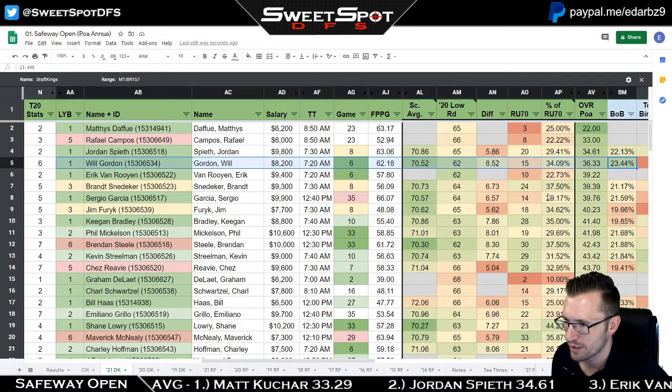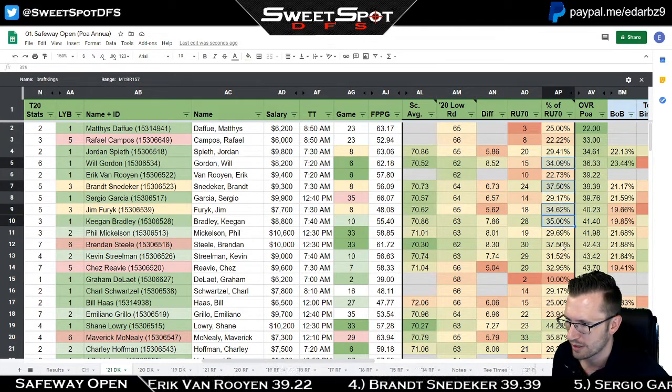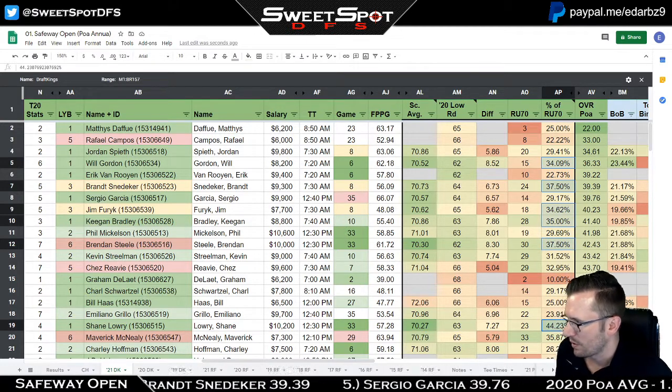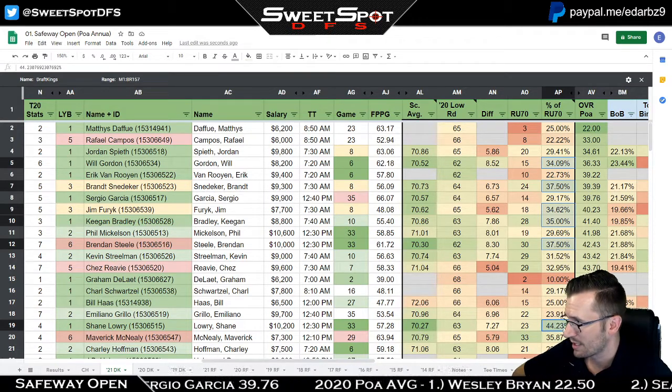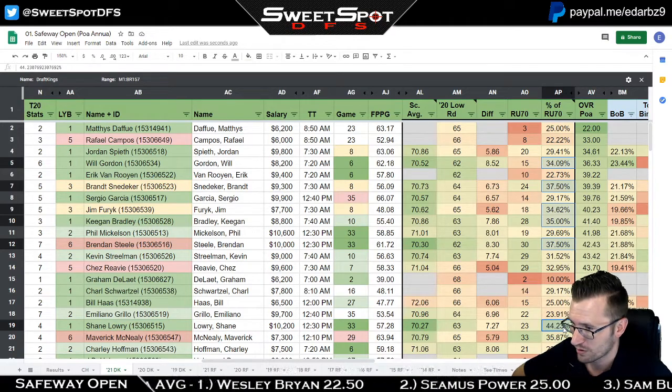There's Will Gordon. So basically anything that's over 34 is what I also want to look at. So Lowry, Brendan Steele, Keegan Bradley, Jim Furyk, Brandt Snedeker, Will Gordon. Some of those names are gross.